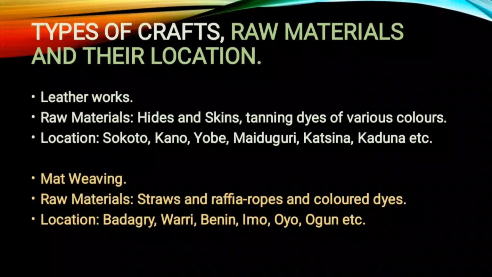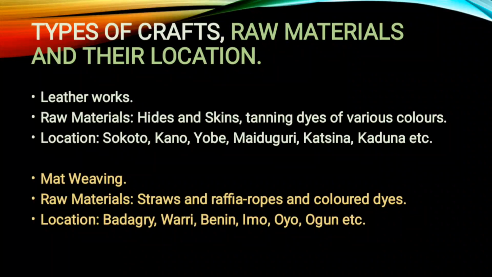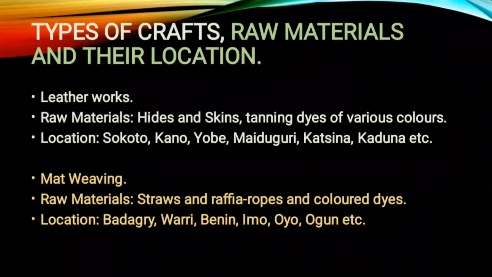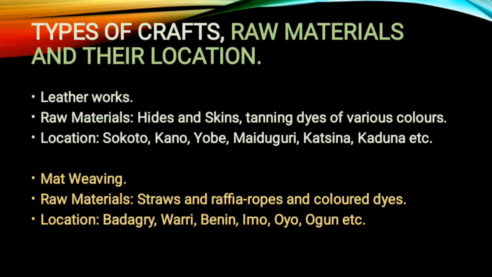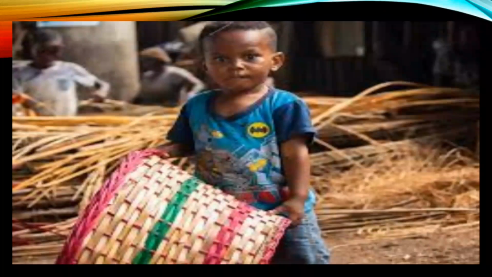The areas that are very good in production of this craft are Badagry in Lagos State, Warri in Delta State, Benin City in Edo State, Imo State, Oyo State, and Ogun State, etc. You can see a small boy in my picture carrying a basket. The basket is also a craft work, and behind him you can see several other raw materials used for weaving baskets.